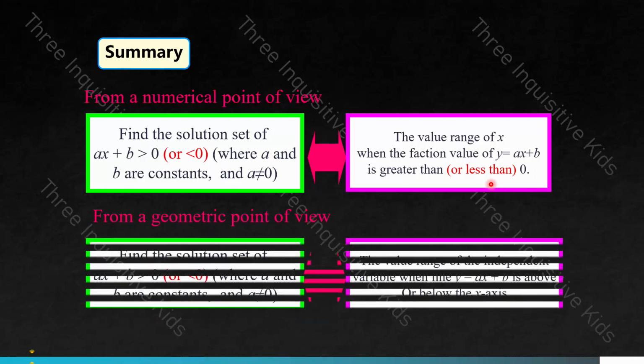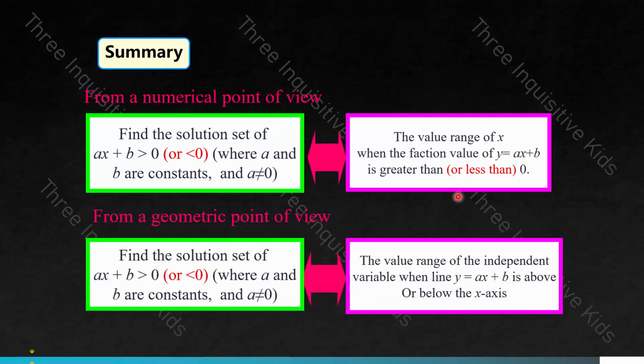Now from a geometric point of view, finding the solution set of this inequality, where a and b are constants and a does not equal 0, is the same as finding the value range of the independent variable when the line y equals ax plus b is above or below the x-axis.